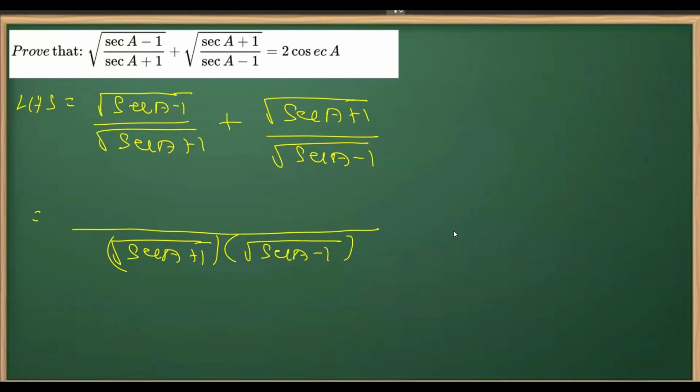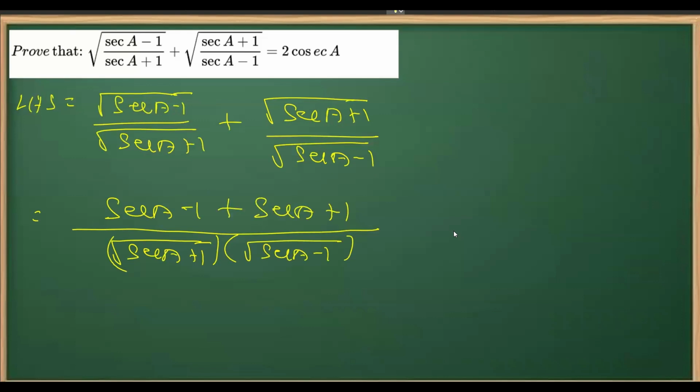Similarly, as you multiply this with this while taking LCM, you are going to obtain the square of sec A minus 1 under root, whole square. So you can eliminate the square and under root, and this is 1.